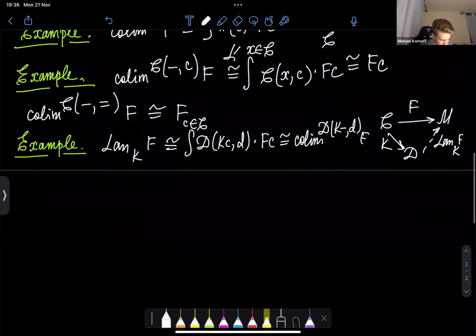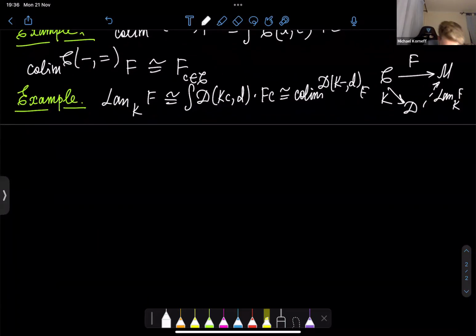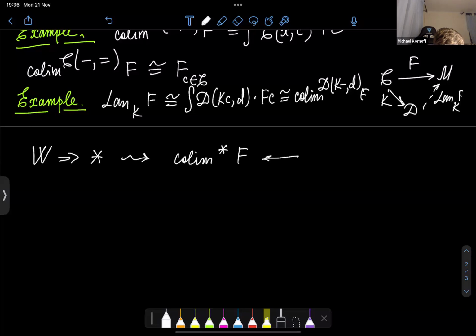And now we have a natural transformation between the weight and the constant functor, and this natural transformation induces a map between the colimits, since the weighted colimit is functorial, and we have contravariance in the weight.